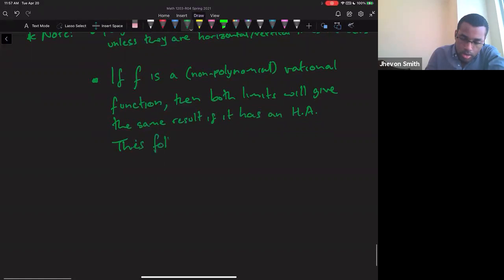And this actually follows from the bottom heavy idea trick or the ratio of leading coefficients trick.